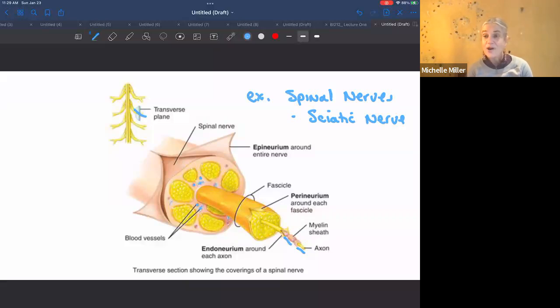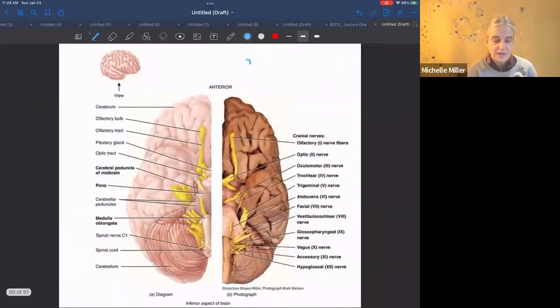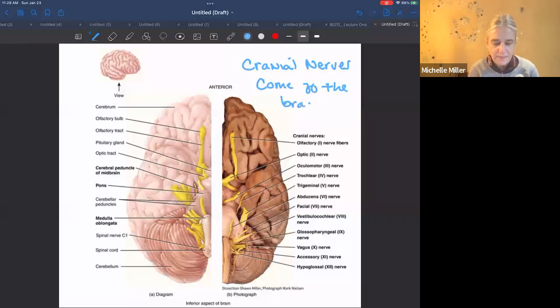We also have cranial nerves. Instead of coming off of the spinal cord, these come off of the brain, hence cranium. These cranial nerves include, for example, nerves that innervate and control your facial muscles and the ability to sense touch on your face.